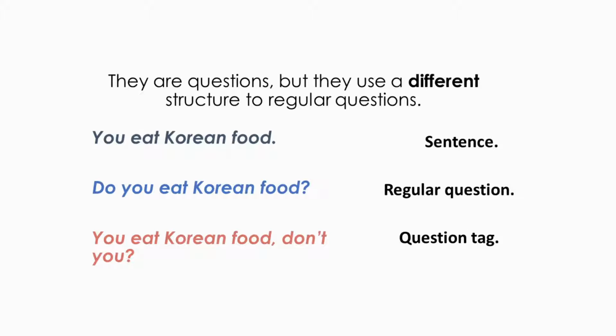This is a regular question. Now let's take a look at this sentence with a tag question. You eat Korean food, don't you? As you can see, the first part is the same as the first sentence, but we add don't you at the end to make it a question.